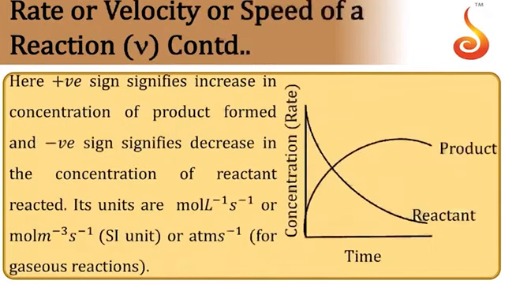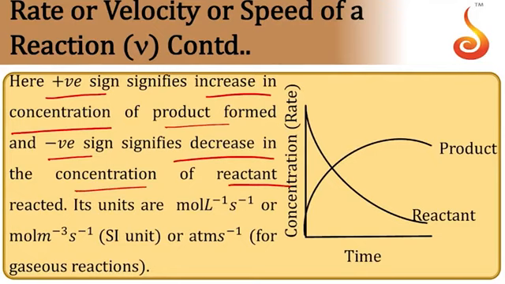Then come the graphs representing the rate of reaction. As we already saw, plus sign signifies increase in the concentration of the product formed, and minus sign signifies the decrease in the concentration of reactants used. Coming to units, since it is a change in concentration per unit time, the units are moles per liter per second, or in SI units, mole per meter cube per second.